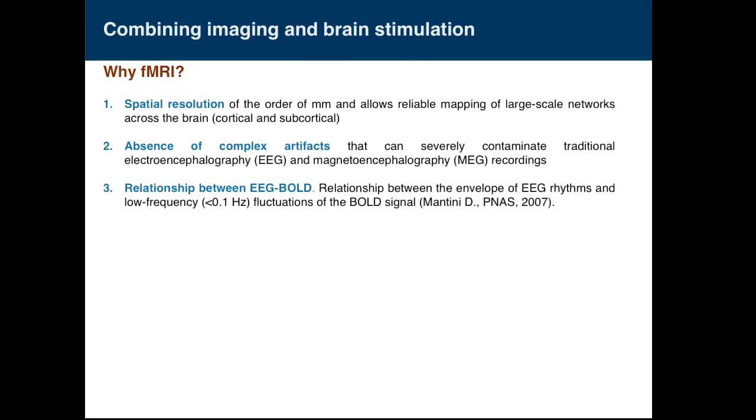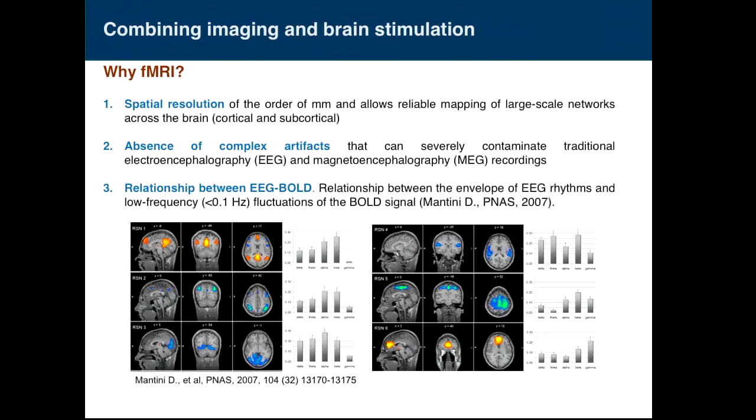More than 10 years ago, Mantini and colleagues showed a relationship between the envelope of EEG rhythms and fluctuations in BOLD signal at very low frequencies. In this figure, they correlate different frequencies with resting state networks. So they saw how different EEG rhythms correlate with resting state networks.